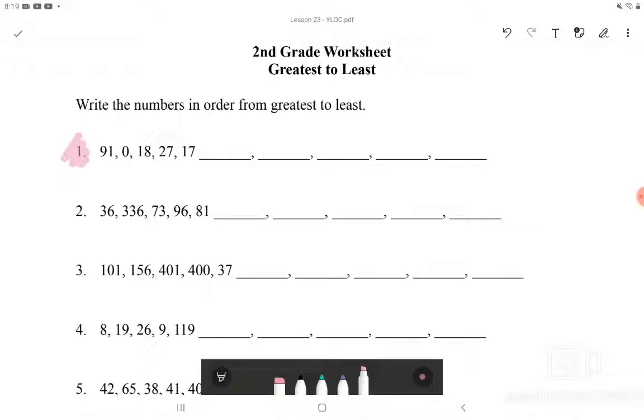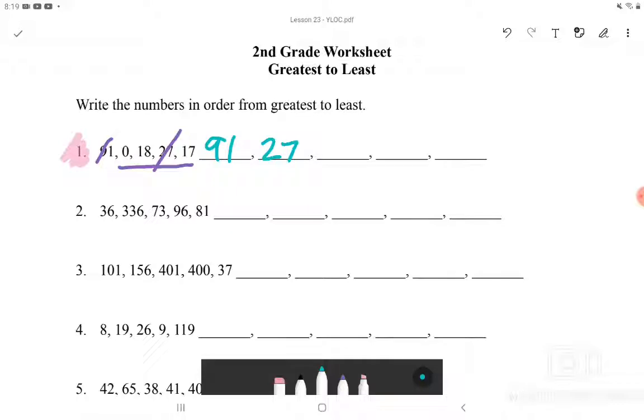When we look at the list, we see that 9 is the greatest number in the tens place. So we're going to put 91 here. When we look here, we see that 27 is the next greatest, so we're going to put 27.